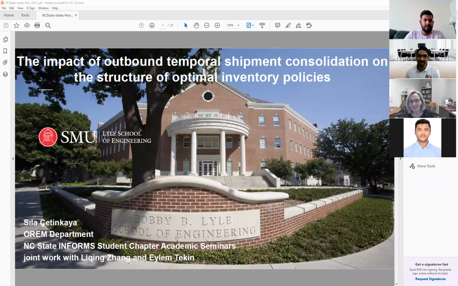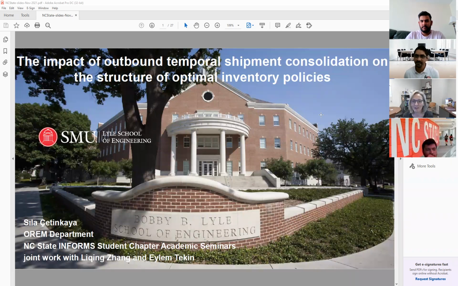So the title of my talk today is The Impact of Outbound Temporal Shipment Consolidation on the Structure of Optimal Inventory Policies.